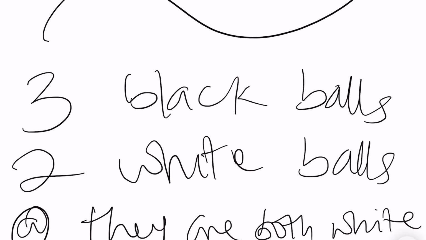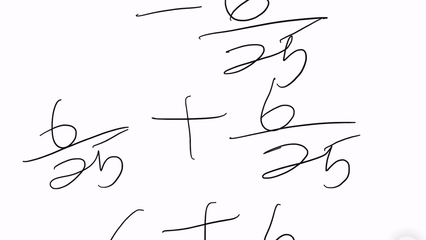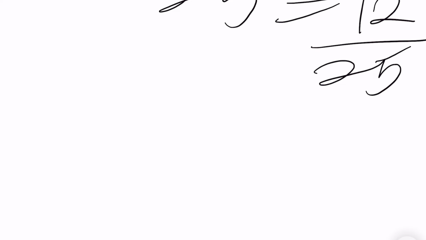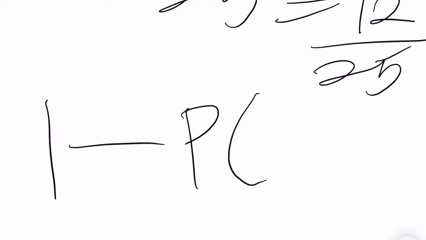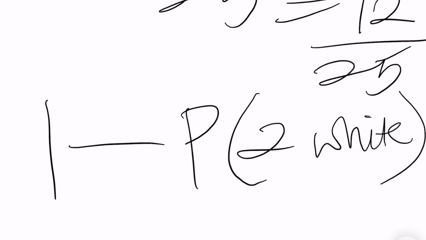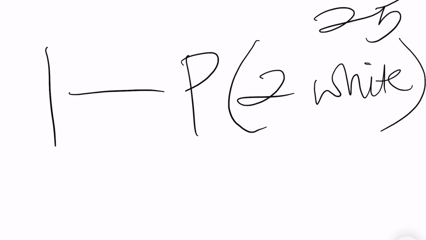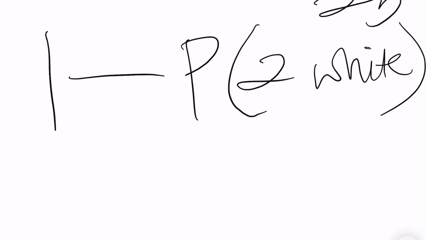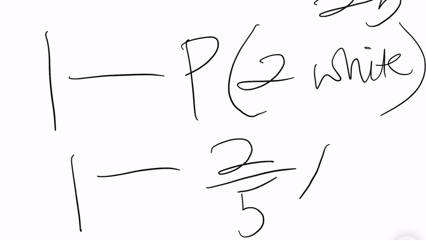So the third one, which says at least one is black. We will now have it to be 1 minus the probability of 2 white. And we know that the 2 white is 4 over 25. So this will now be 1 minus 2 over 5 times 2 over 5.